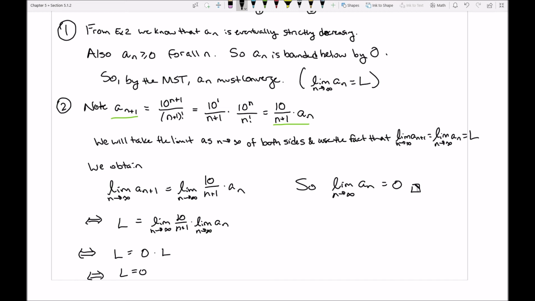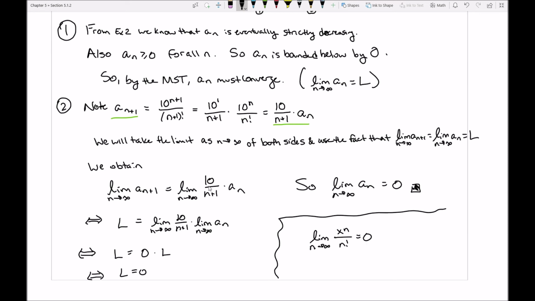Now that's a really awesome two-step argument, and this approach on the second half is rather complicated. However, it's a strategy that we will use much later in the semester to show something very interesting. We will use this again later to show something very similar, that x to the n over n factorial has the exact same limit of 0.